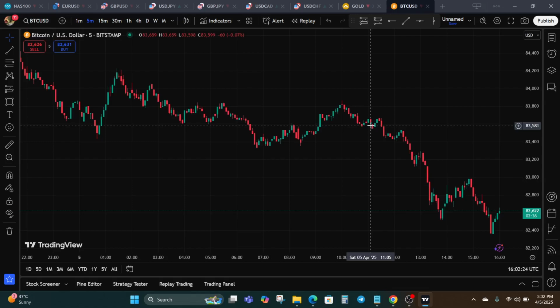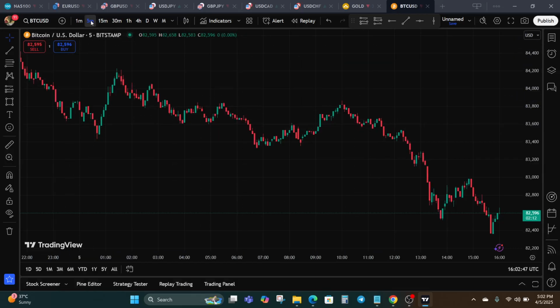This strategy is perfect for those who want to trade the 5-minute chart, making quick trades with minimal risk. Whether you are a beginner or an experienced trader, this strategy will help you navigate the crypto market more effectively. Let us start with the basics.